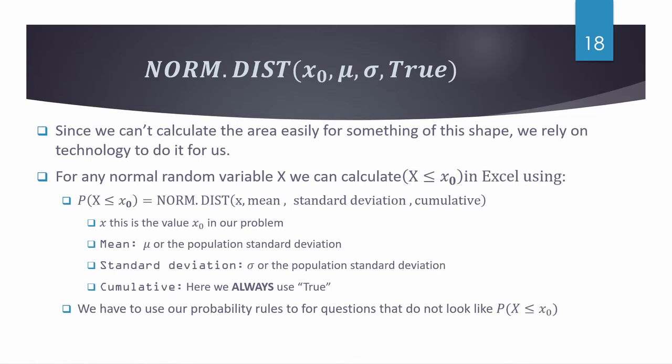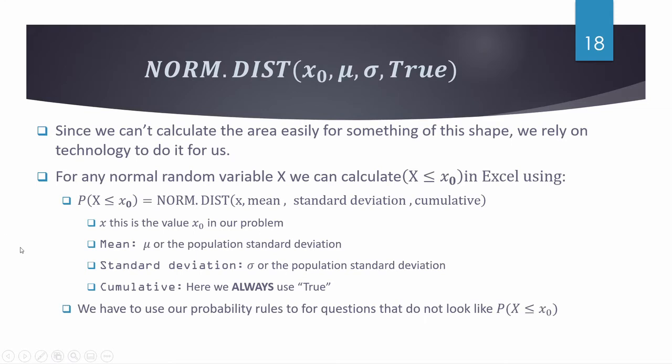For the uniform distribution, our probability distribution function is a rectangle, which means we know how to calculate the area under a rectangle pretty easily. But since the normal distribution is bell-shaped here, calculating the area under that curve would require us either to calculate an integral, which is beyond the scope of this course, or to use some sort of technology to help us out here. So what I'm going to do is talk briefly through how we could use Excel to calculate this.